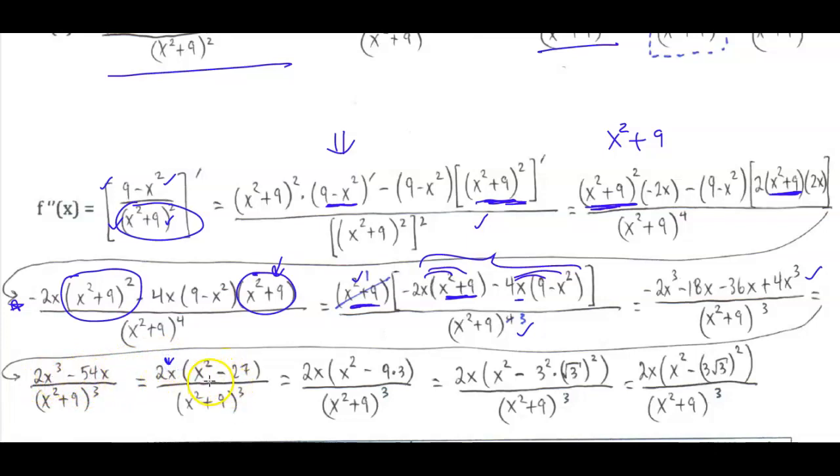And so when we do that, we end up having 2x times (x squared minus 27) in the numerator. And of course, I go through this the long way, but we know that the square root of 3 times 3 squared here is just going to be 27. So that's what I'm trying to show here.